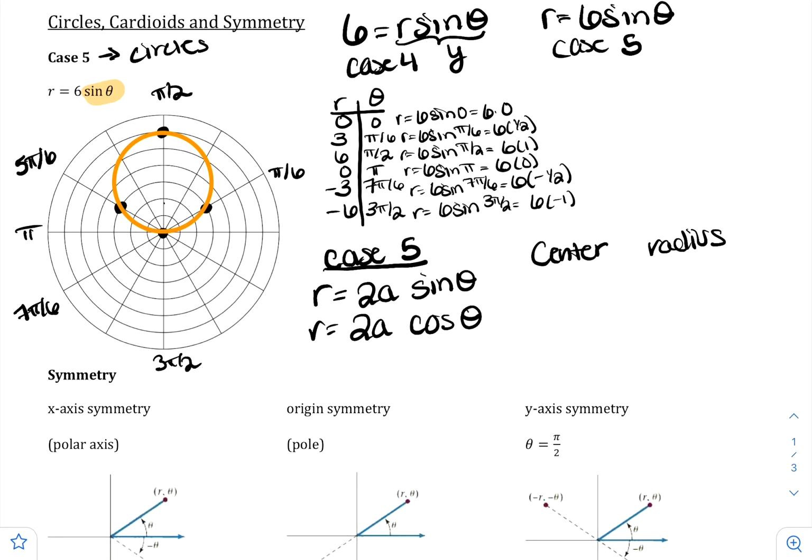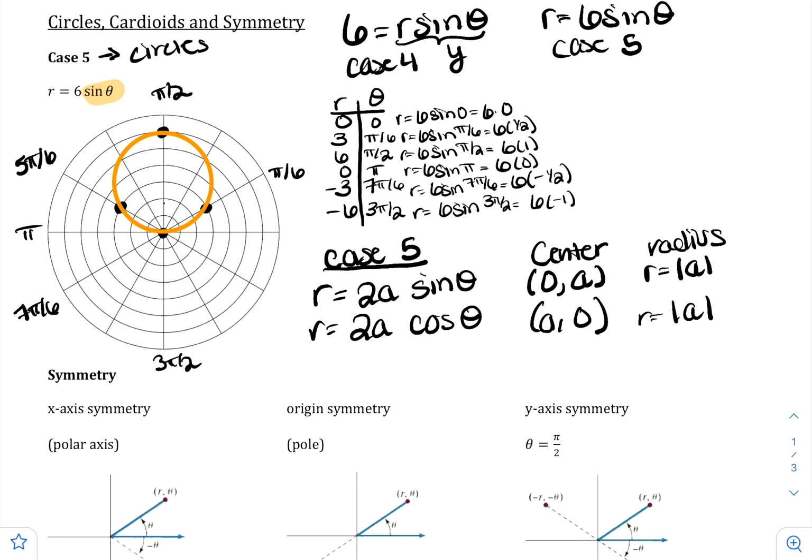If your equation has sine in it, the center of the circle is going to be on the y-axis, so it's going to be 0, a. If it's cosine, the a is going to go on the x-axis. So if it's a sine, the circle is on the y-axis. If it's cosine, the circle is on the x-axis. Your radius is always going to be the absolute value of a, because it could be negative. A radius is a length, so it's always positive.